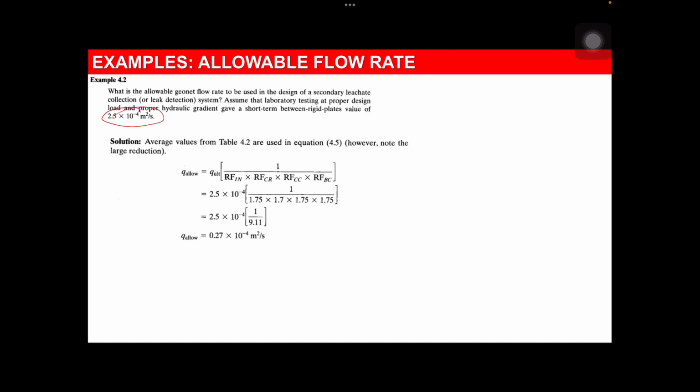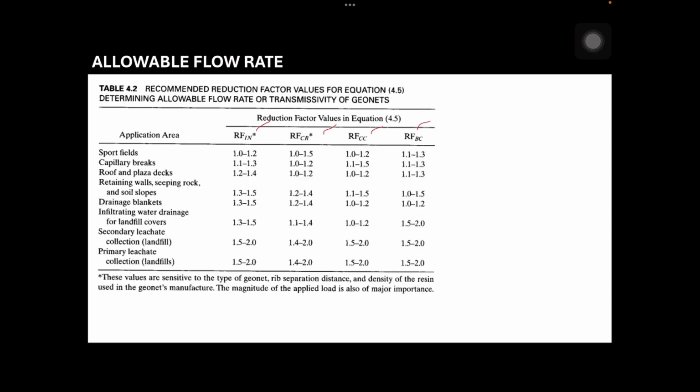So, ano ang hinihingi niya? Yung allowable, Q allowable, no? This one. So, we have this formula. So, what is your Q ultimate? Yung kaya ng material mo, which is this one. So, i-multiply mo siya sa mga factors, which you can find dito.